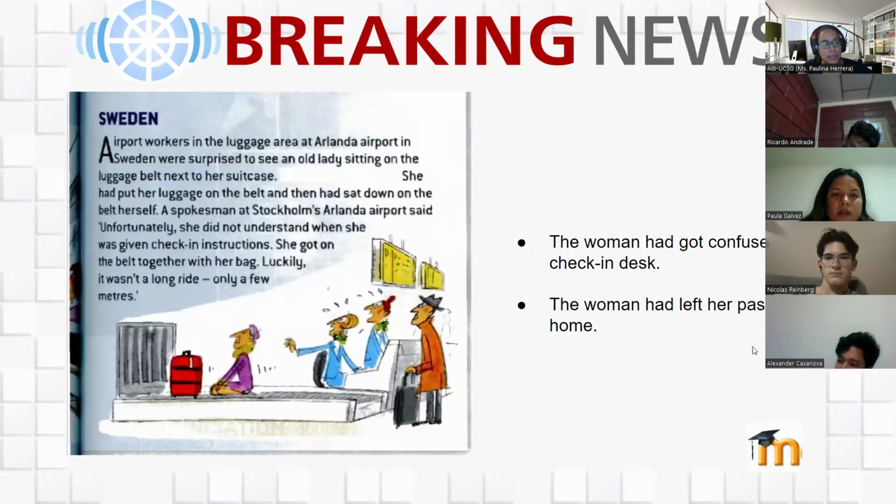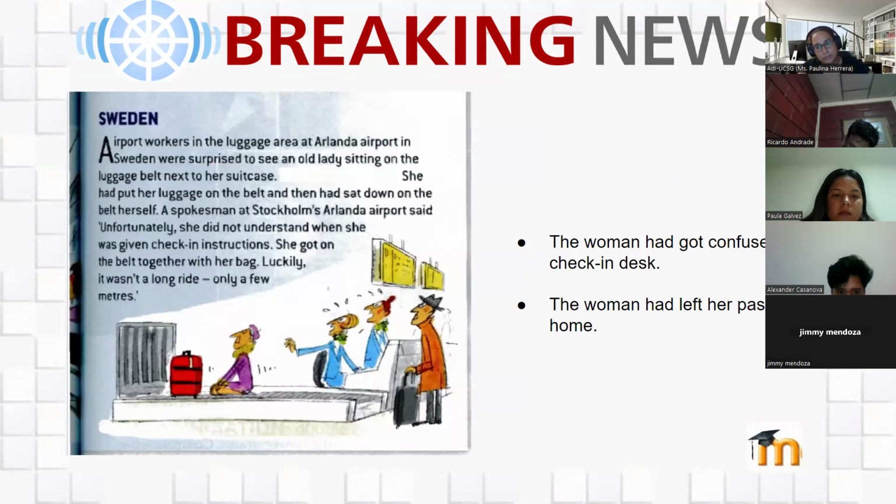This happened in Sweden. Airport workers in the luggage area at Arlanda Airport in Sweden were surprised to see an old lady sitting on the luggage belt next to her suitcase.